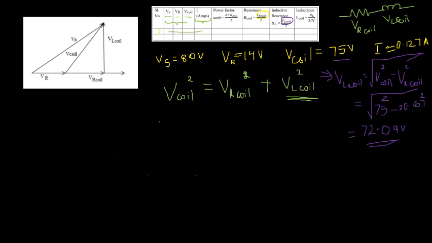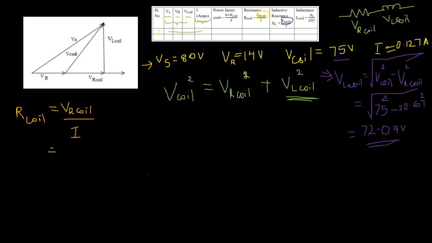Let us start with the calculation of the resistive component of a coil. The resistive component of a coil, R coil, is given by the equation VR coil divided by the current I. For the first case, we considered the experimental values of 80 volts for Vs, 14 volts for VR, and coil voltage as 75 volts.